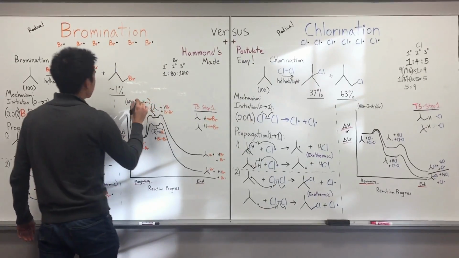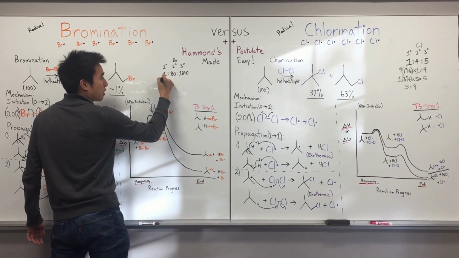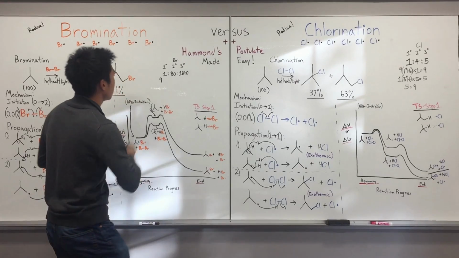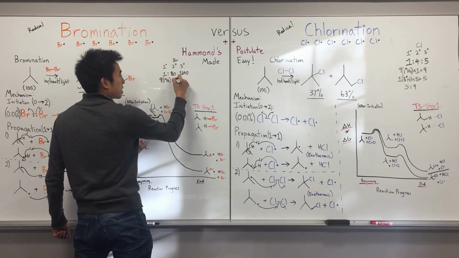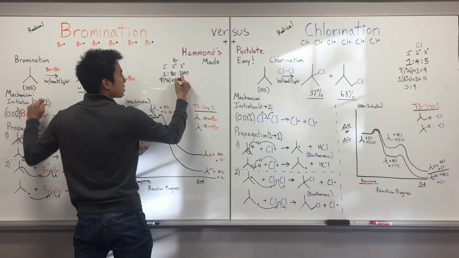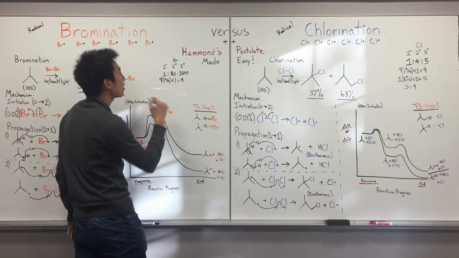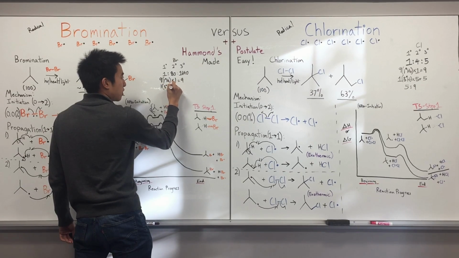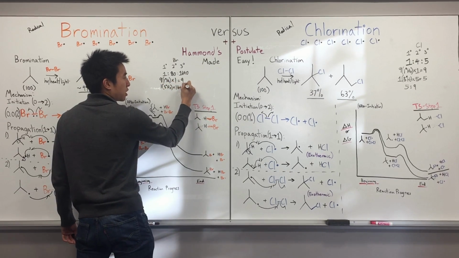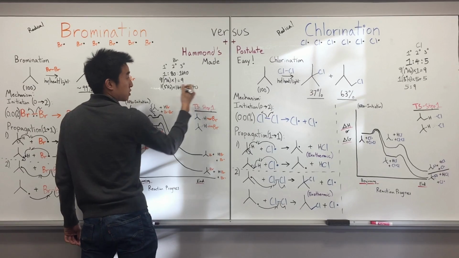This one's going to be cool, because we have 9 primary hydrogens times 1 reactivity for the primary positions equals 9, same thing, but then we'll have 1 tertiary hydrogen times 1,640 reactivity to give us 1,640.